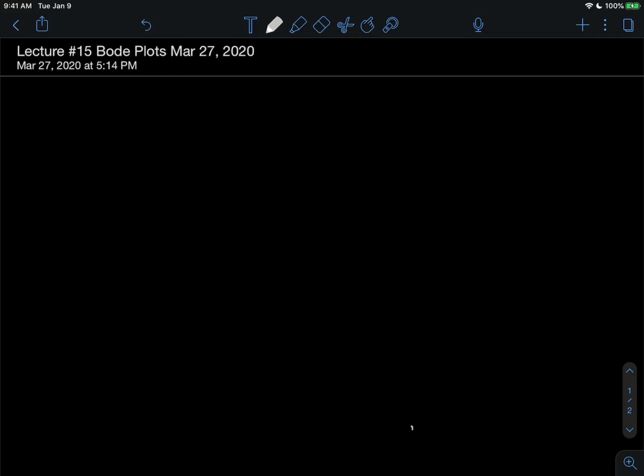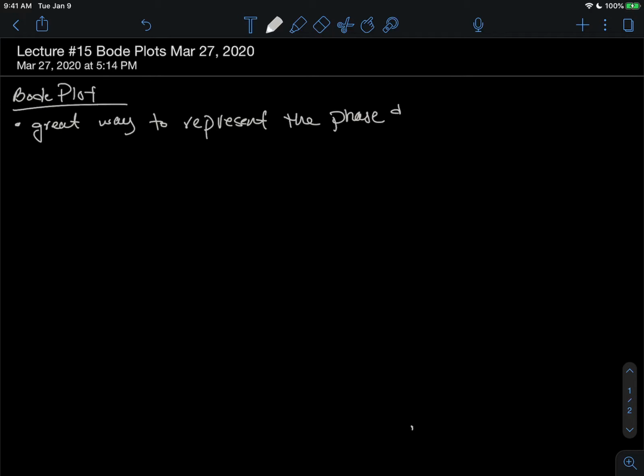Okay, everyone, I'm going to go over what Bode plots are today. Bode plots are a great way to visually represent the gain and phase of a system. The phase and gain of a system.